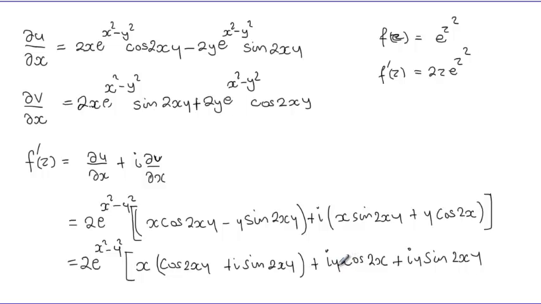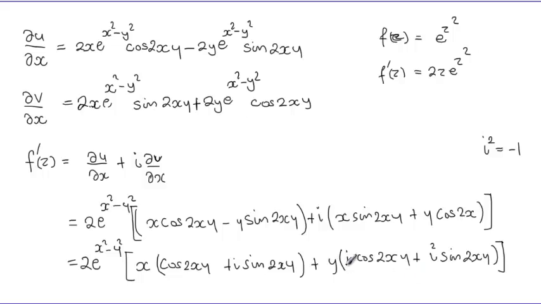You could have taken y out as a common factor. So let's rewrite this as y in brackets i cos 2xy plus this minus sign here. Let's write it as i² sine 2xy, recalling that i² is always equal to minus 1.